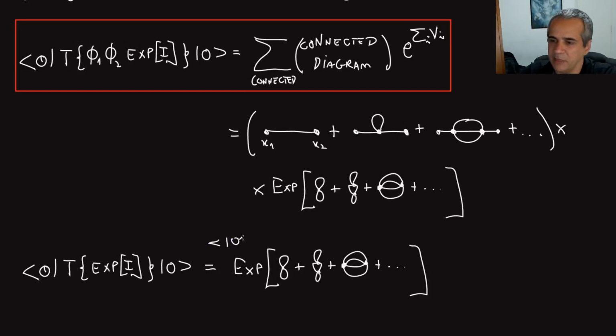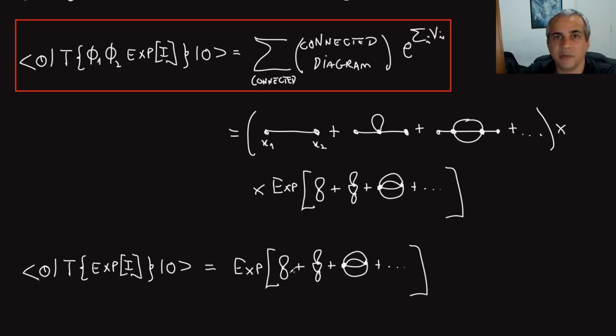I'll get something like that, because before I had these external points that had to connect to the edges somehow, but now no. Now it's just a bunch of bubbles that never connect to these points because they always contract with themselves. And here's the beautiful part: when I divide the numerator by the denominator, the exponential of the bubbles goes away.